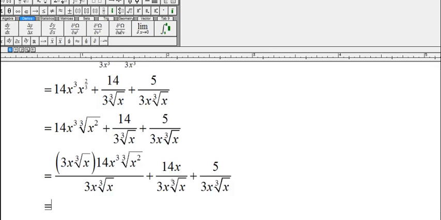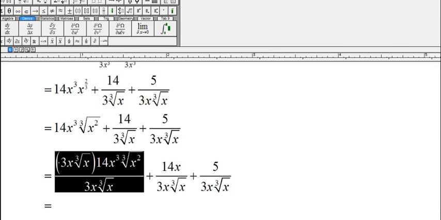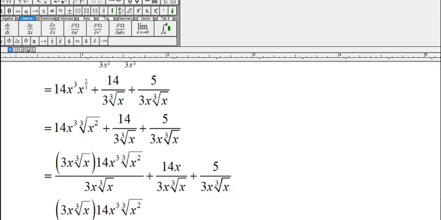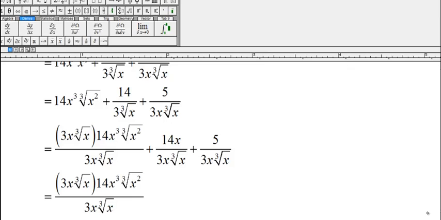Alright, so let's see if we can clean this up a bit. 14 times 3 is 42, right? And then the 3's gone. The x times that x is x to the 4th now.